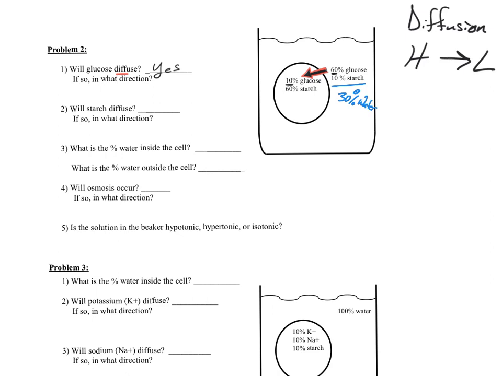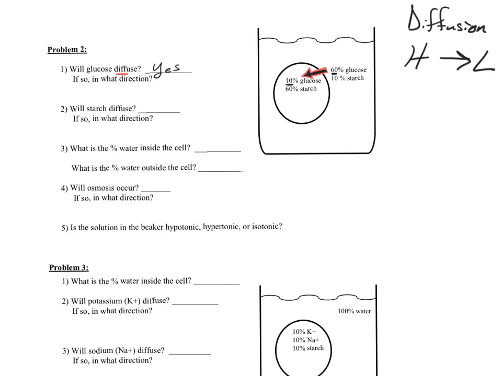But the glucose is going to move until it's equal, right? So what if we just ignore glucose then? And we just said starch. The glucose will be equal at some point. Then of the leftover water, right? Of the leftover solution. Can you work with me here and think about that?